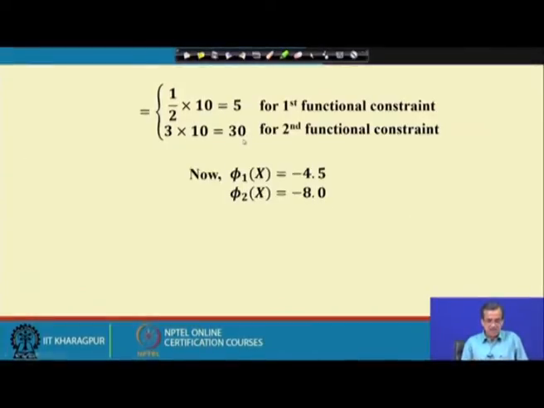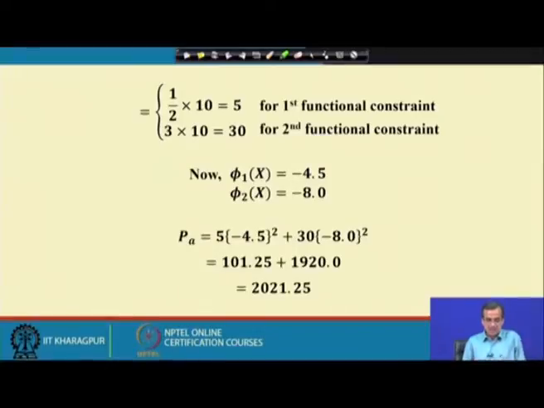Now, using this I can find out what should be the penalty term, but before that I will have to find out the amount of violation. If I compare the left hand side and the right hand side, for the first functional constraint, although there is no violation, the difference between the left hand side and the right hand side is found to be minus 4.5, and for the second functional constraint, the difference is minus 8.0.